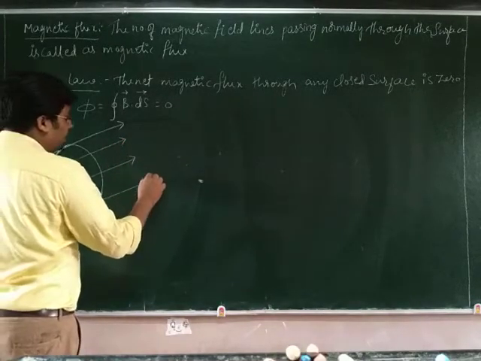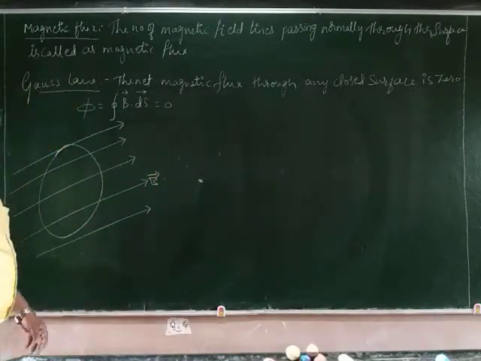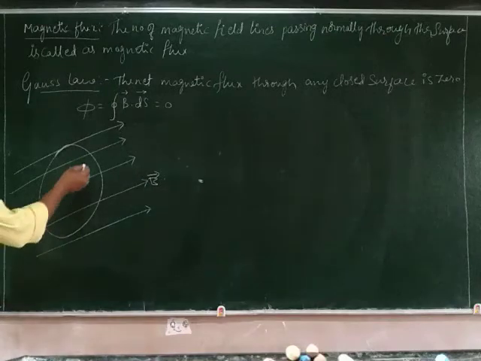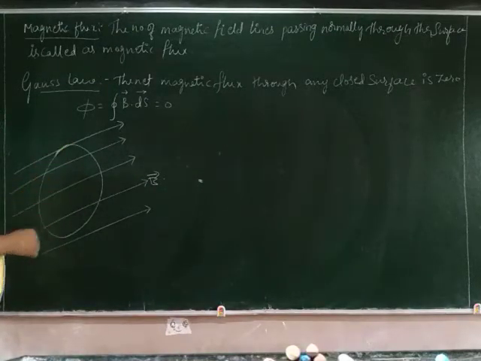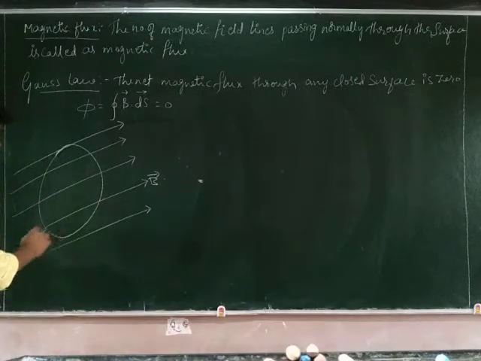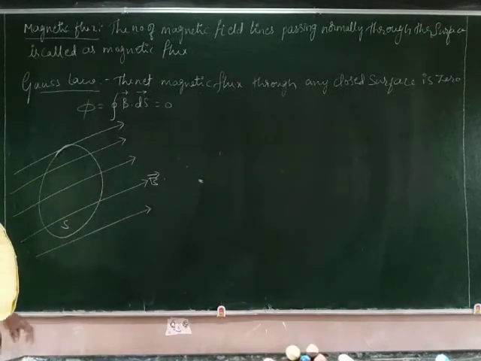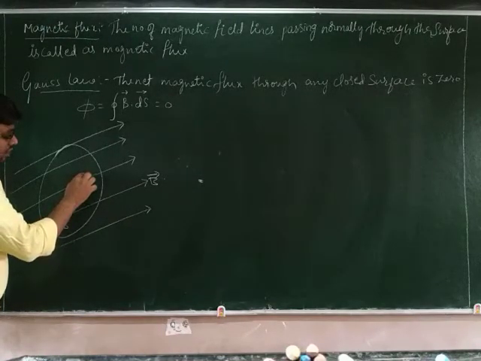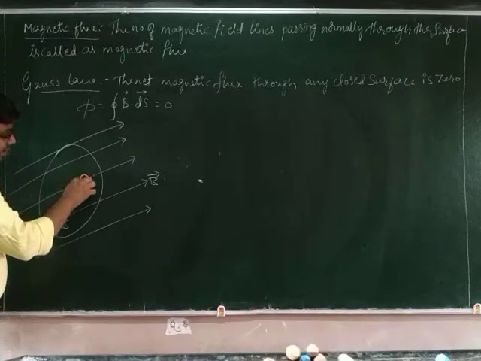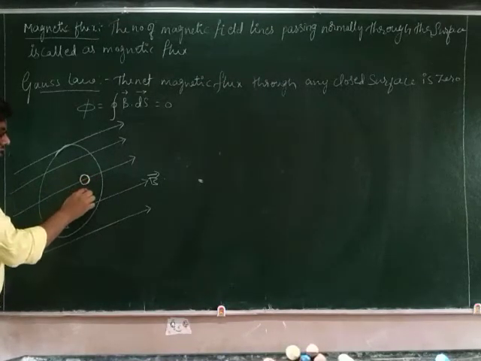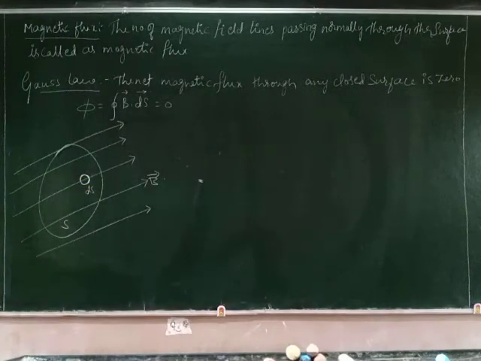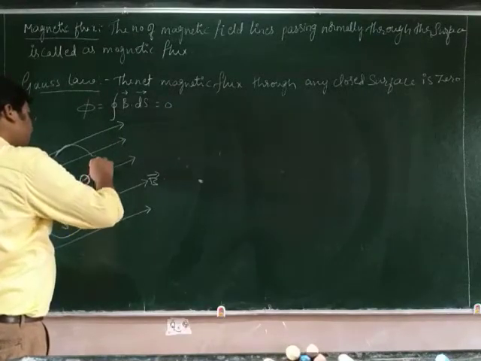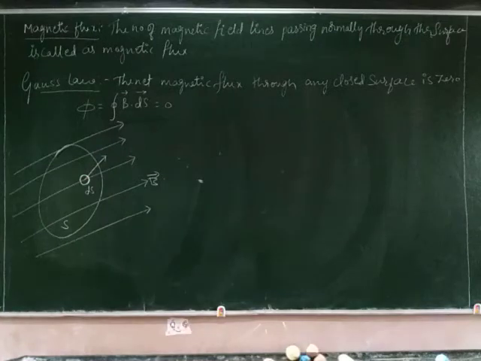Let me consider the magnitude of the field to be B. The total area of this closed surface we take as S. Now just consider a small area element whose area is dS, and here I consider the area vector.